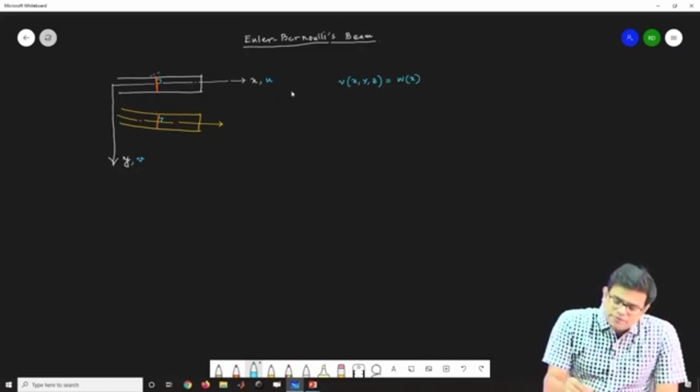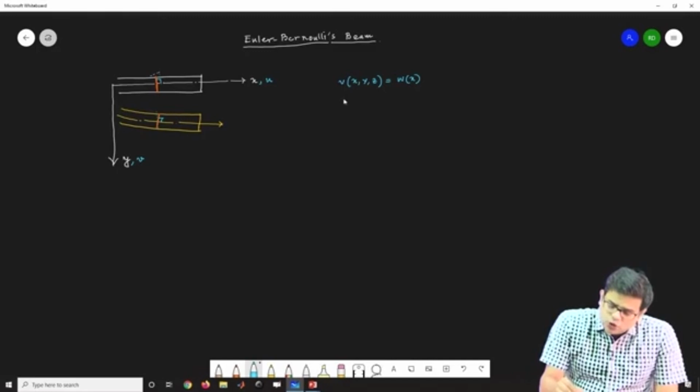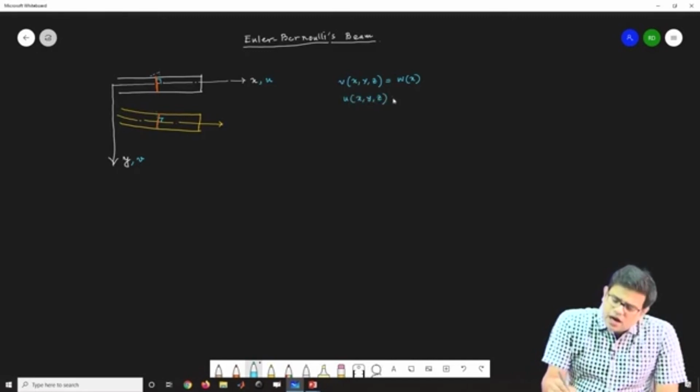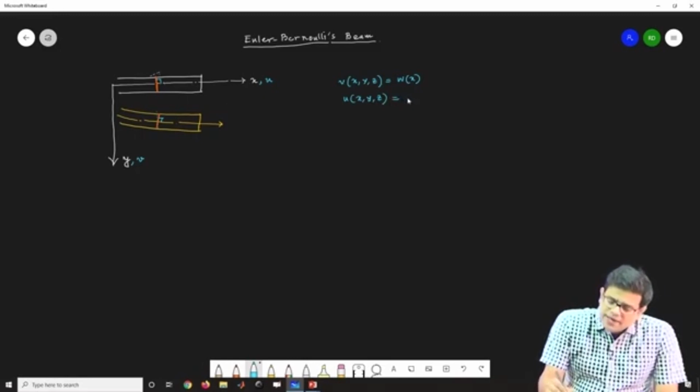And then the axial deformation u(x,y,z) is minus y dw/dx, where dw/dx is the slope.